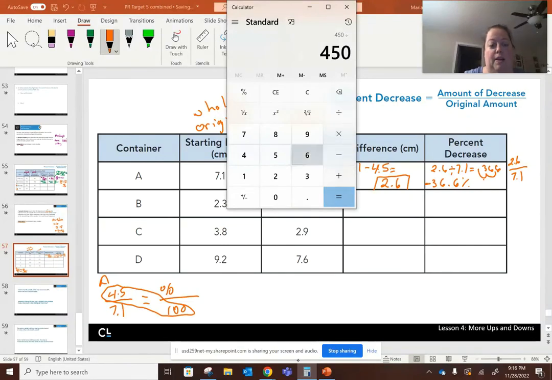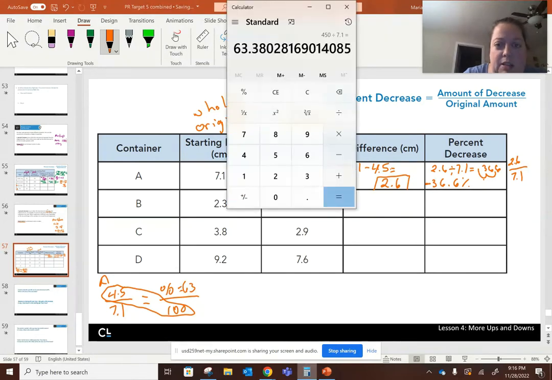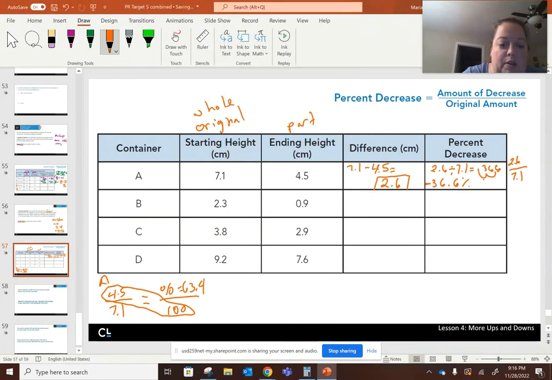divided by 7.1 gives me 63. That isn't quite right. So it gives me 63 point. I'm going to have to round. So this 8 makes the 3 go up. So 63.4. Well, that's not the same, but remember, we're looking for the decrease.